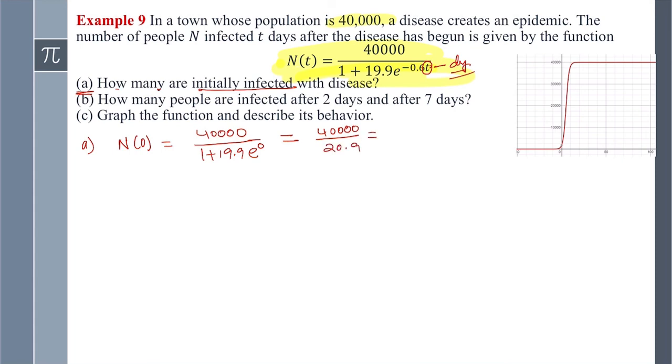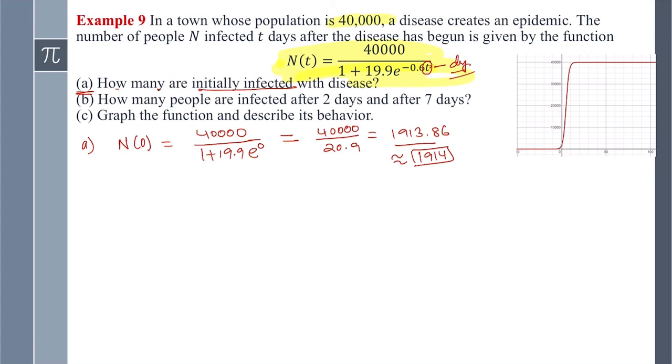Putting that into the calculator, we get 1913.86. But it's a number of people, so we round up and approximate this as 1,914. That many people were infected initially.